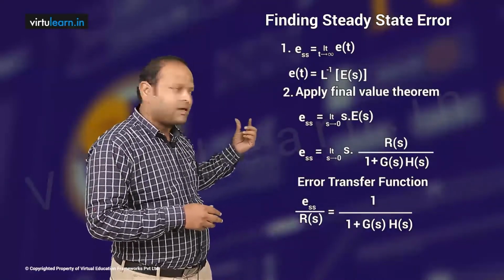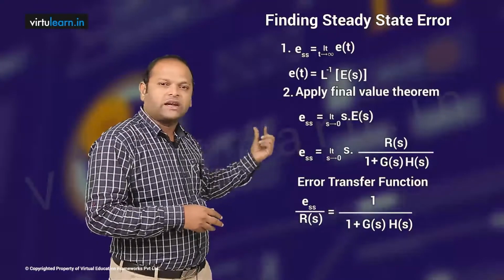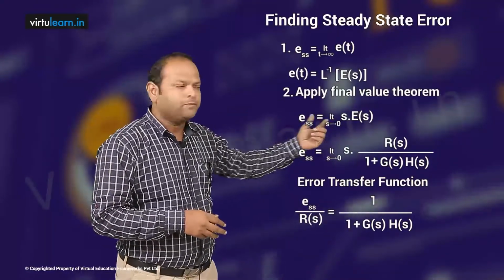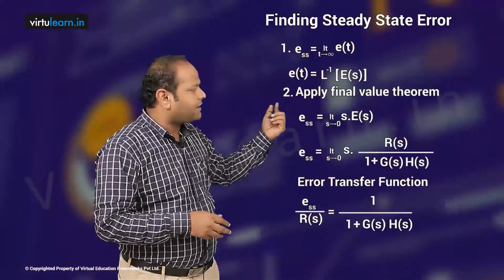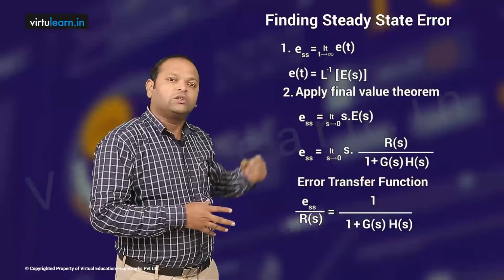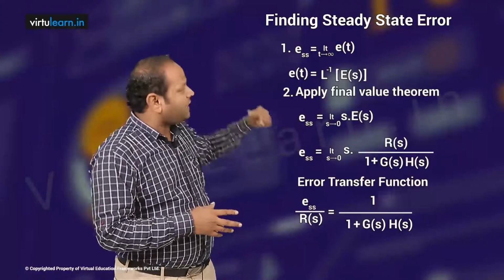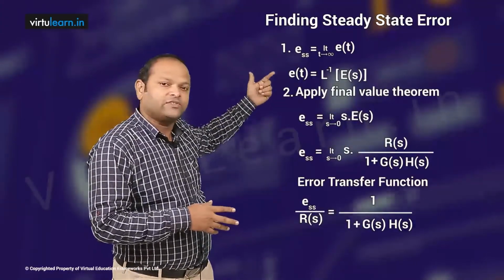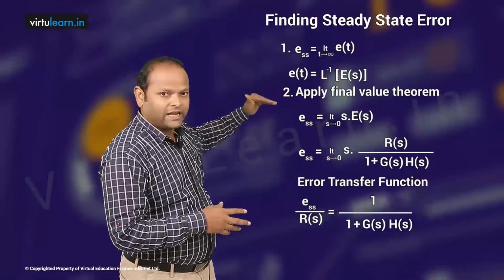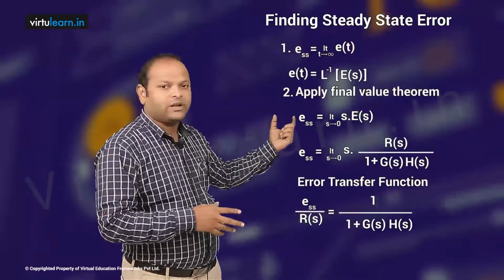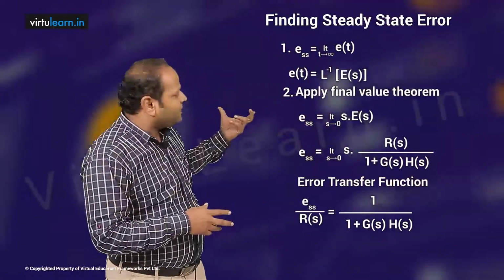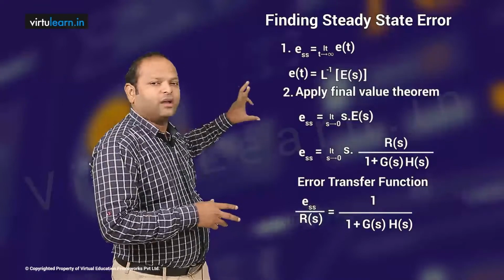Capital E is error, ss subscript is steady state. So ess is nothing but error at infinity. Therefore ess is equal to limit t tends to infinity e(t). So e(t) you can find from the E(s) function: apply the inverse Laplace transform, get e(t), and substitute in the limit t tends to infinity e(t). That will be the steady state error. This is one method.